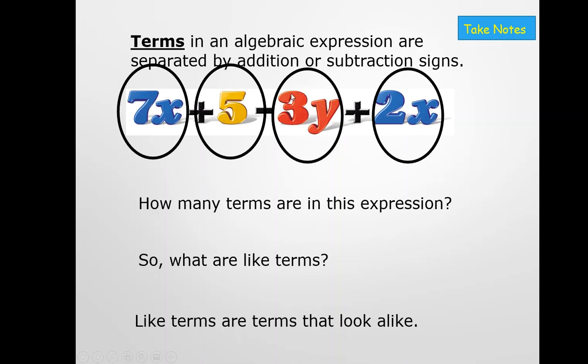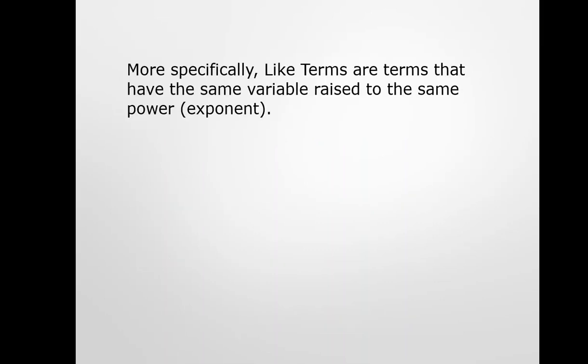And 3y, well, x and y aren't the same. It's not the same variable. But 2x, those are the same, and we can combine those. More specifically, like terms are terms that have the same variable raised to the same power, or exponent. We won't get into x squared terms and things like that right now, but just keep in mind that that's a possibility.